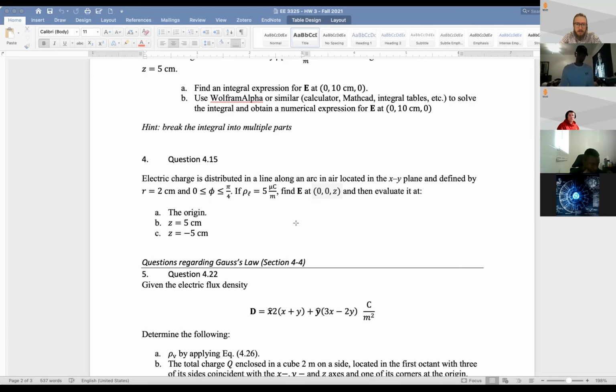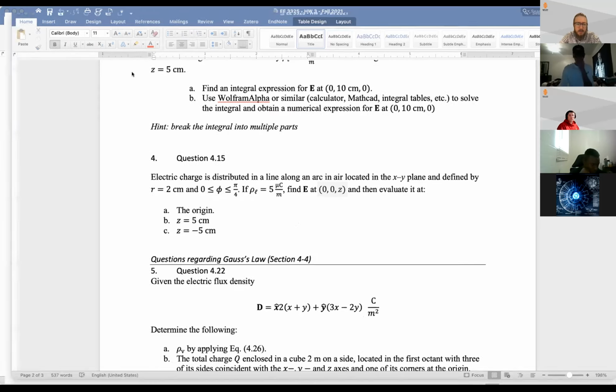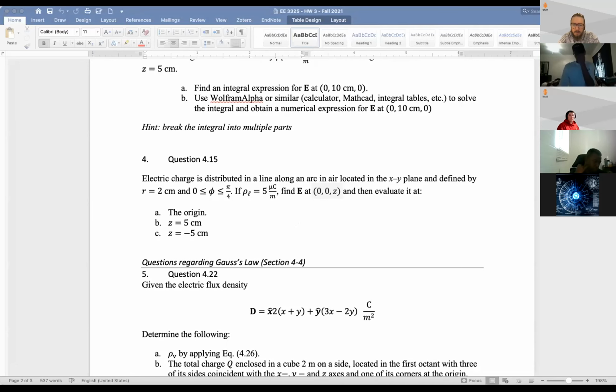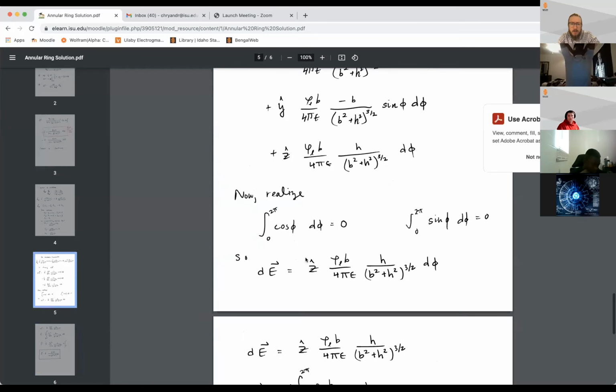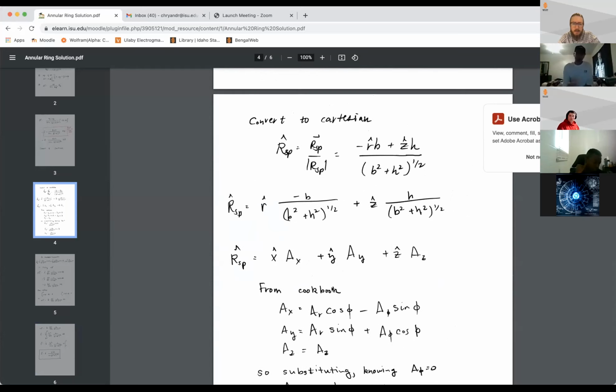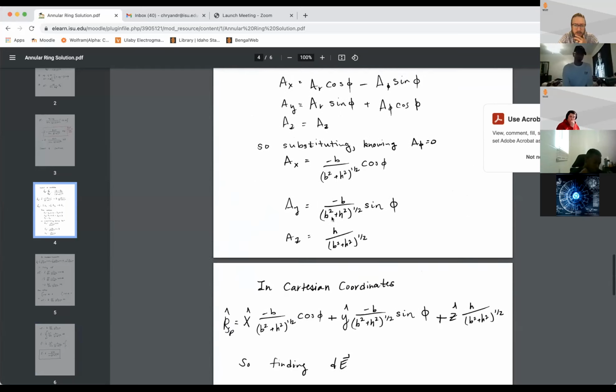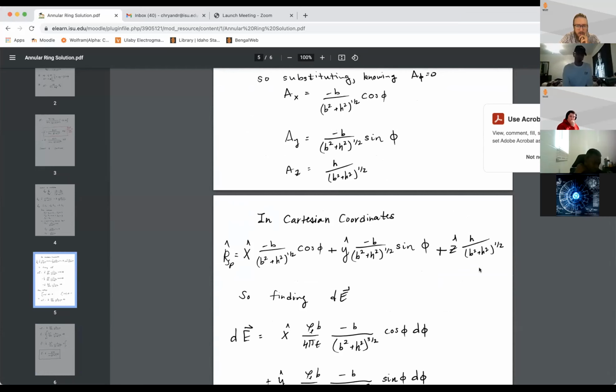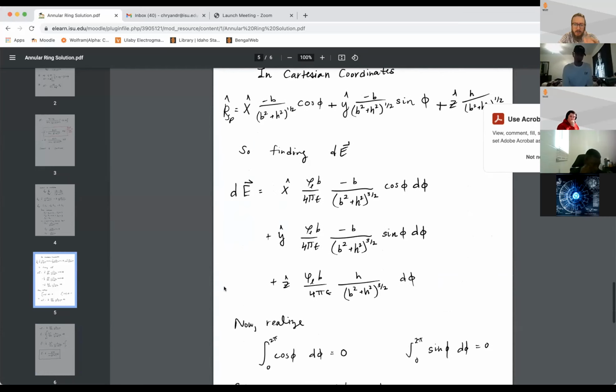And also, you will need to include the other vector components, which are further up here. You will need to use this whole part.